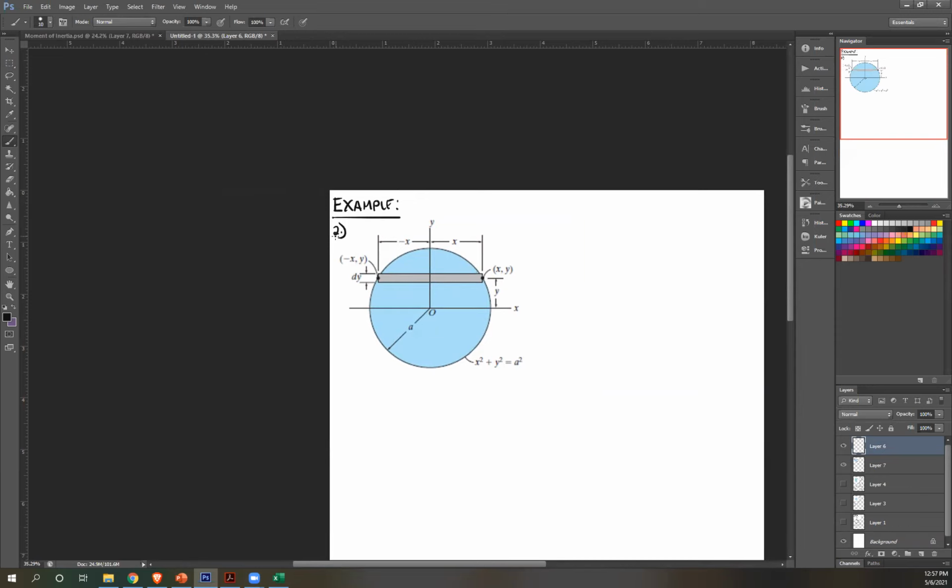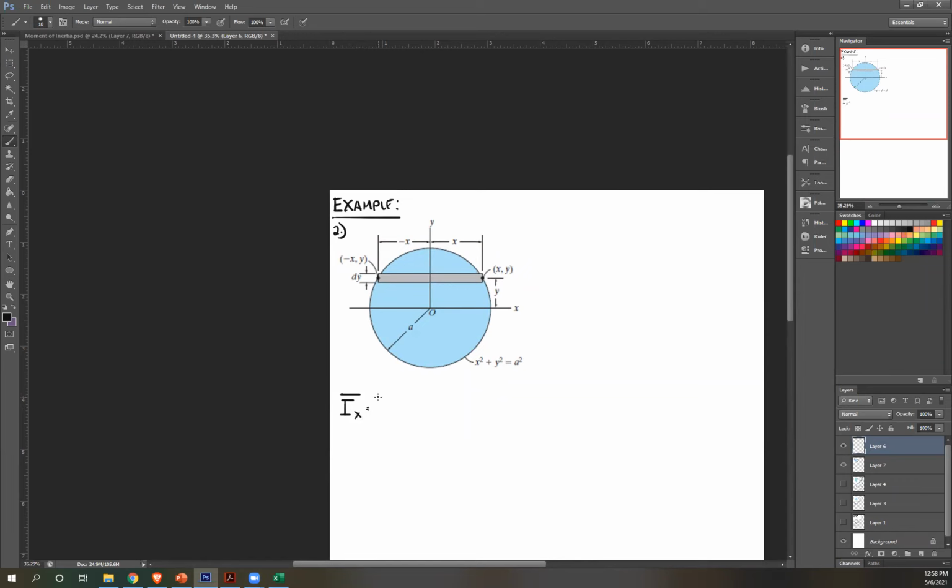Number 2, looking for moment of inertia about your x-axis. Now this x-axis actually passes through the centroid of your circle. As you can see here, this is your origin of this radius a, so it's at the center of your circle. So we're looking for centroidal moment of inertia again.